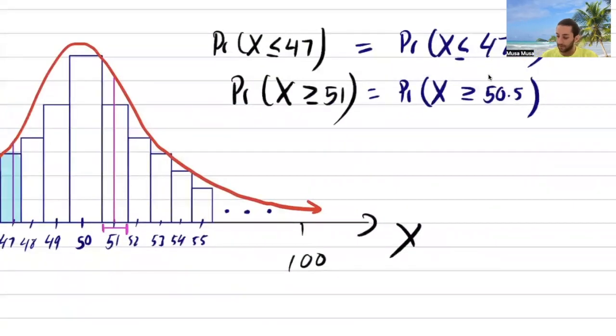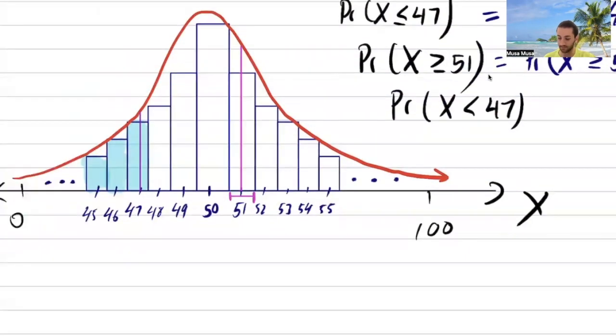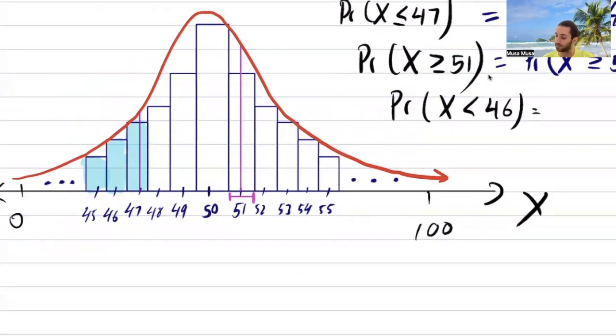Perfect. What if you say the probability x is less than 47? We'll do 46 just so that we don't get confused.